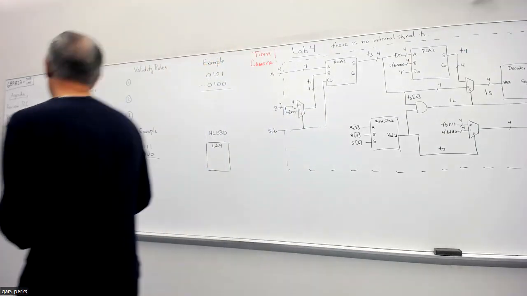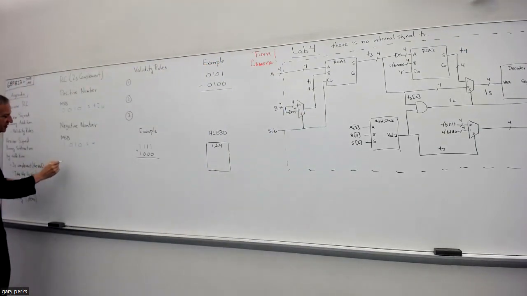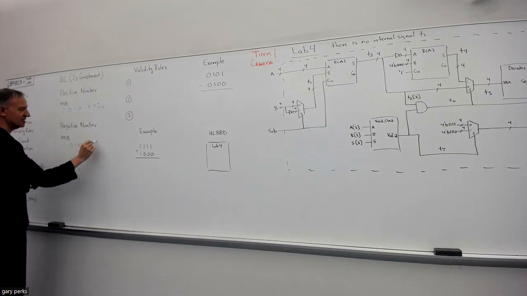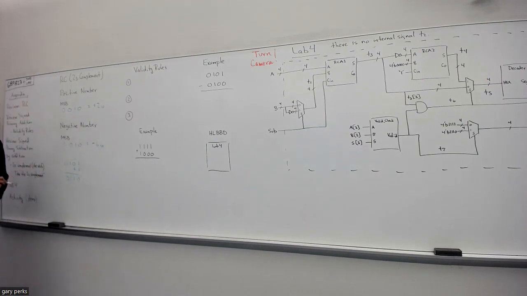Flip the bits and add 1. So we flip the bits. If I make a mistake, let me know. And then we add 1. 0, 1, 0. So this represents -6. Did I do that right? Okay. So, any questions?